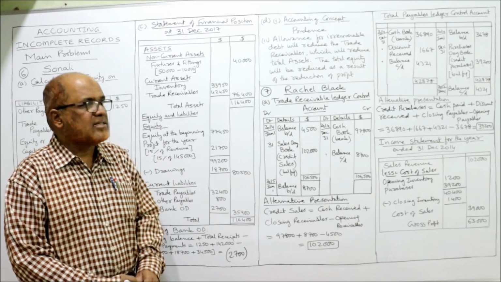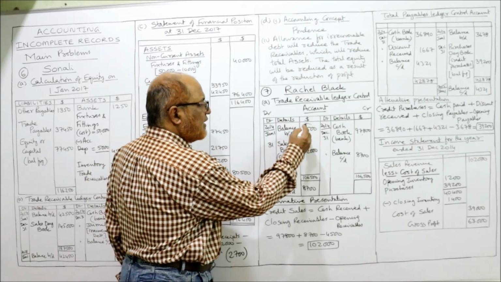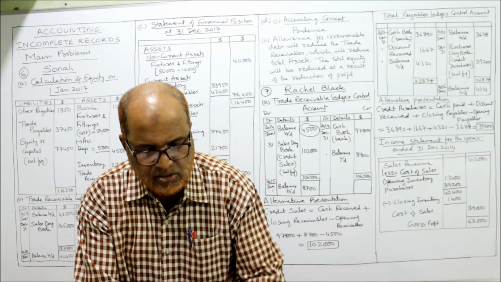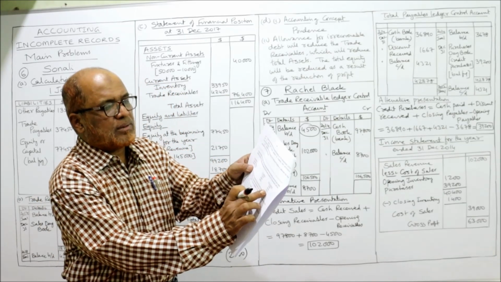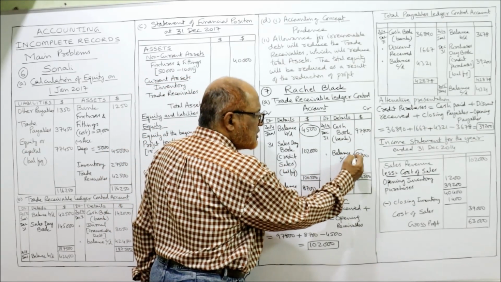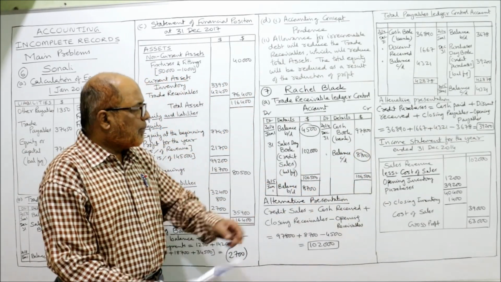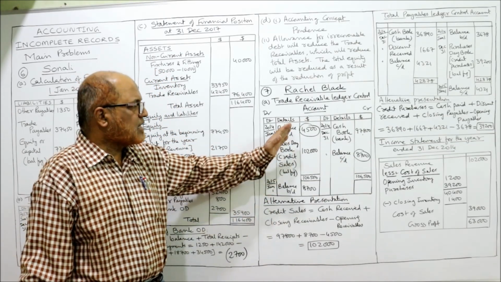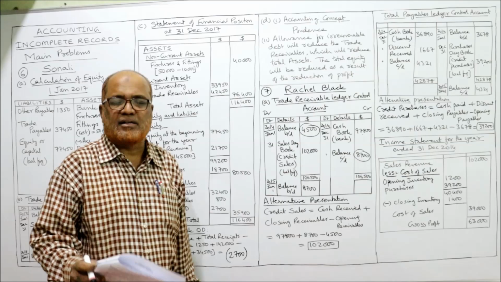It is given, trade receivable opening balance is 4,500. And the closing balance of trade receivable is also given, 8,700. Opening balance goes on the debit side, closing balance on the credit side.